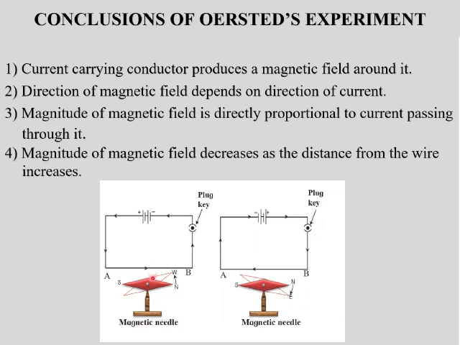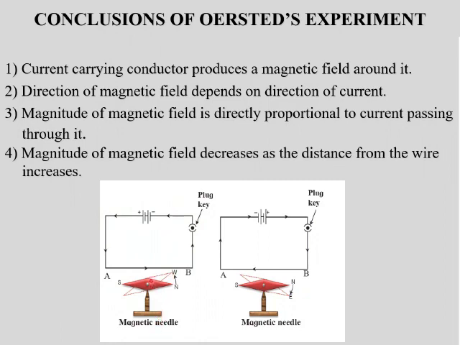Then gradually go on taking the needle away from the conducting wire. As you take the magnetic needle away from the conducting wire, you find that the deflection decreases because there is a certain range of the magnetic field. Beyond a certain range, the magnetic field is not effective.